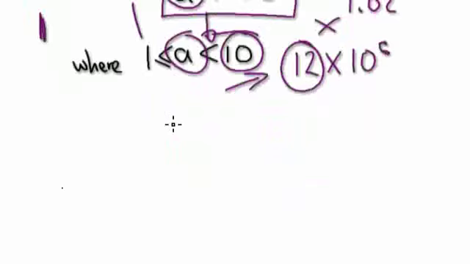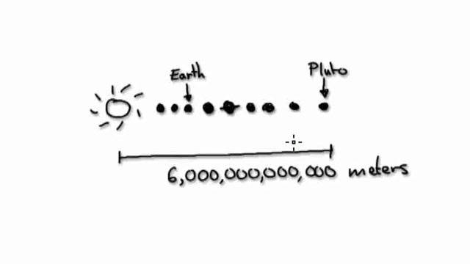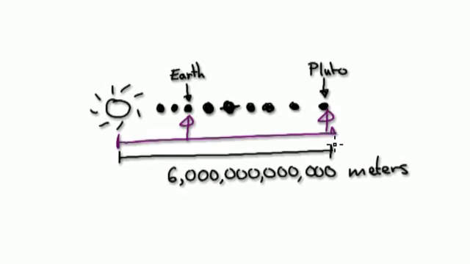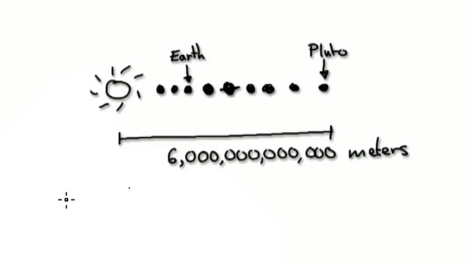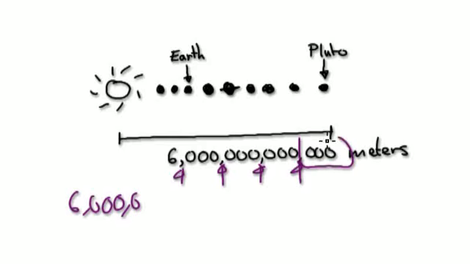Okay. Let me give you some examples. If you look at our solar system, this is Earth here. Pluto's here. I know Pluto is not a planet, but let's just say the distance from here to here is given by this number, in meters. So rather than having to write 6 0 0 0 0, and this is a comma by the way, it just helps us to identify thousands here, million here, billion here.